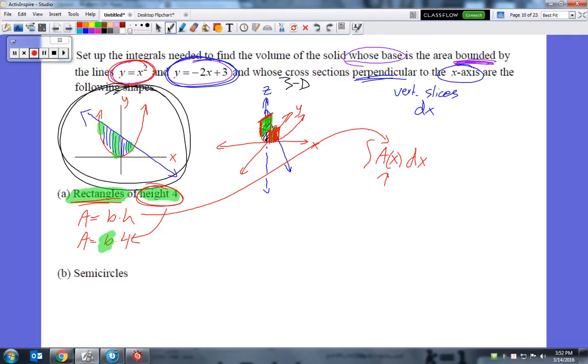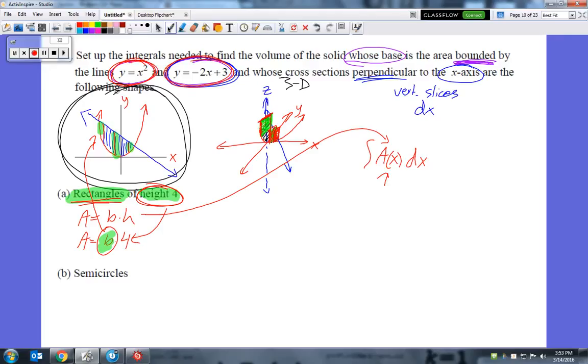So because the base is changing, we have to leave it in variable form. So this length right now, what would it be written as? Like this is b, and this is b. So how do I find b? Because it's changing, it's going to be that length, the top minus the bottom.